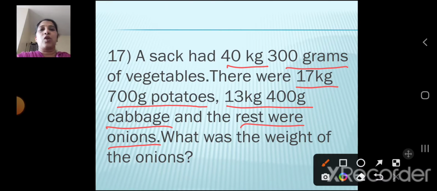So first what we will do, children, first we will add potatoes and cabbage, right? The quantity or the weight of the potatoes and cabbage, we will add them. And whatever answer we get, that we will subtract from the total weight of the vegetables, that is 40 kg 300 grams. So let's start.